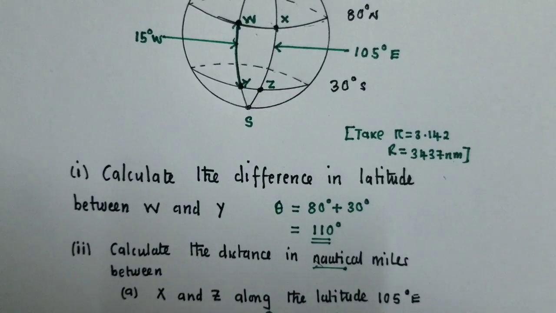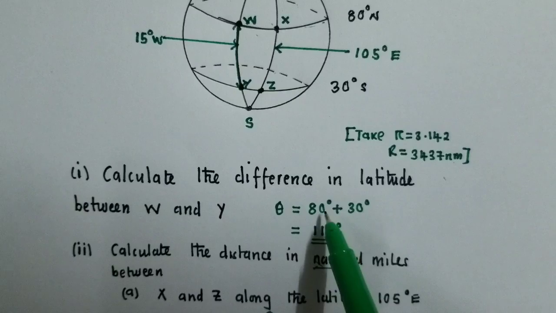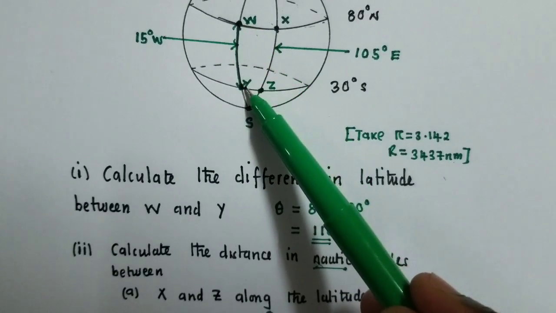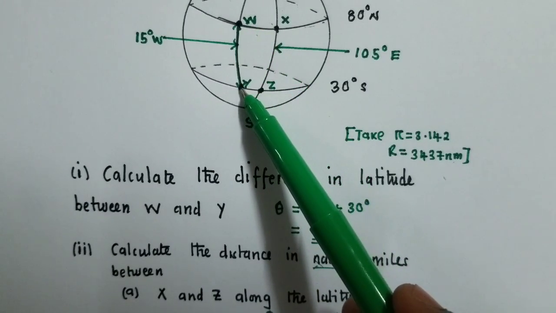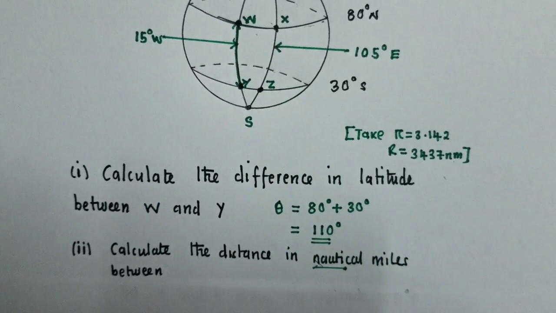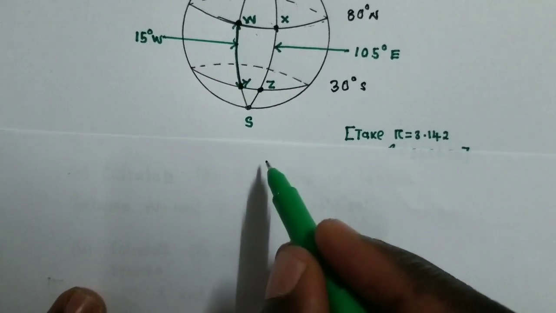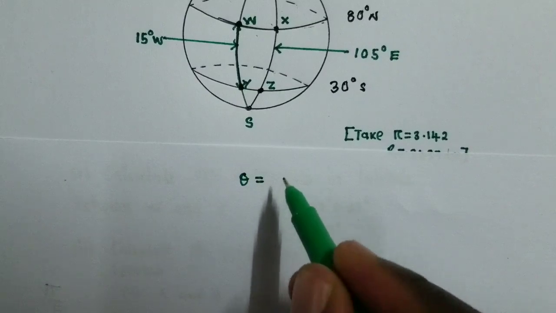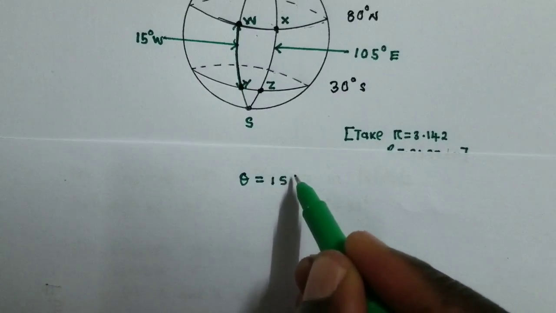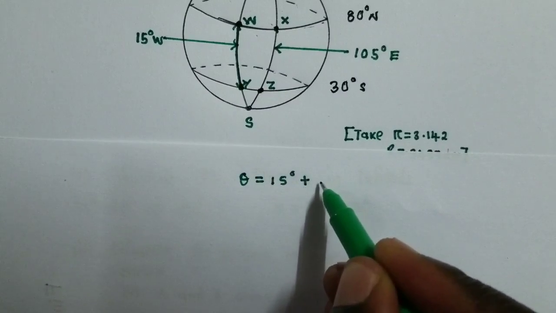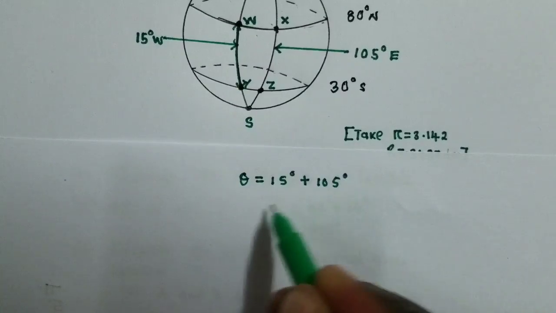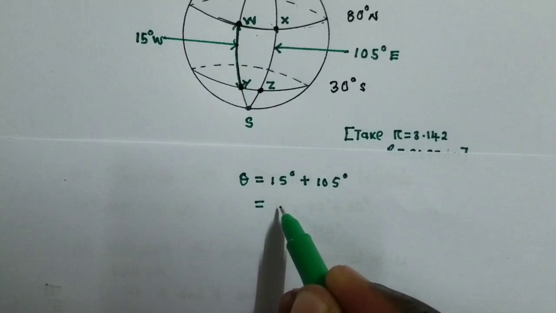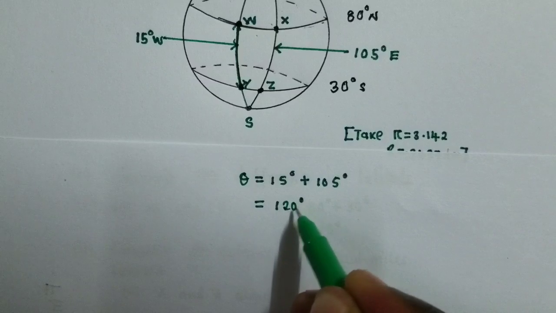First things first, we need to find the theta, like we did here, where you see the theta between w and y. So we need to find the theta between y and z. To find the theta, we're going to say theta is equal to 15 degrees plus 105 degrees, so this would be equal to 120 degrees.